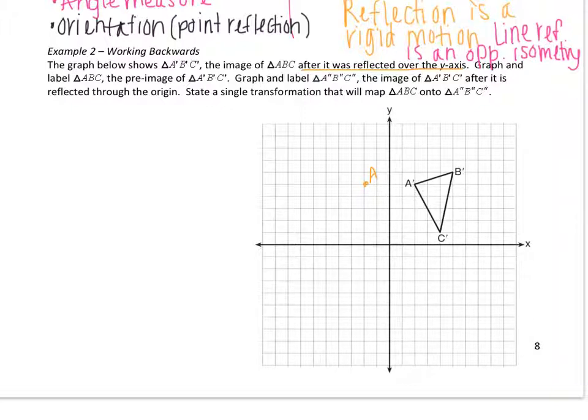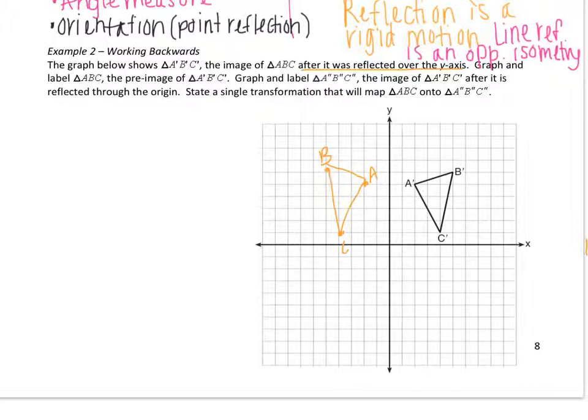So all I'm doing is counting my boxes again. I see that A prime is 2 away, so I go 2 beyond. B prime is 5 away, so I go 5 beyond. And C prime is 4, so I go 4 on the other side. Oops, and I'm labeling these with primes when I should just be labeling them with their original letters, A, B, C. Because remember, the primes are already plotted for us and we were going backwards.